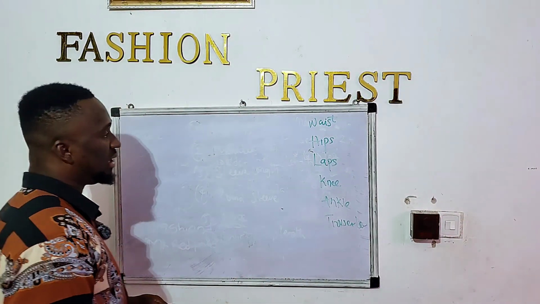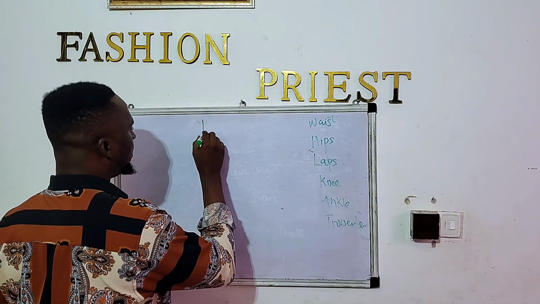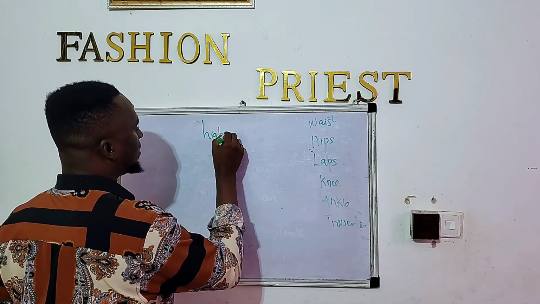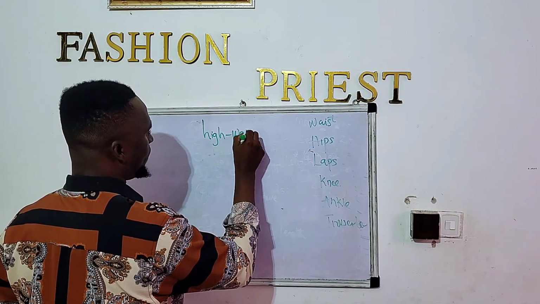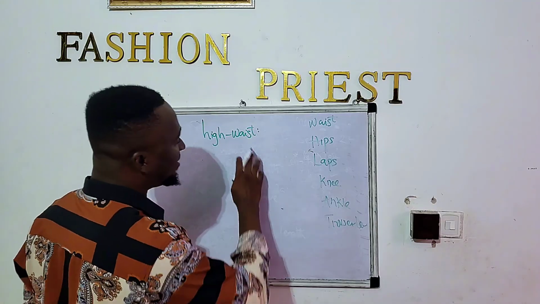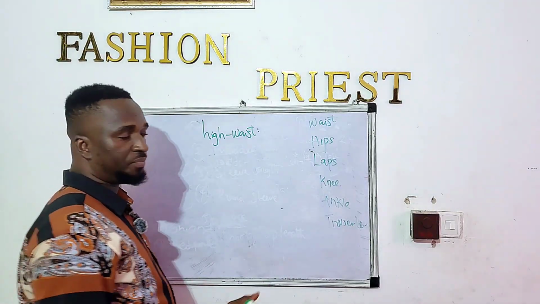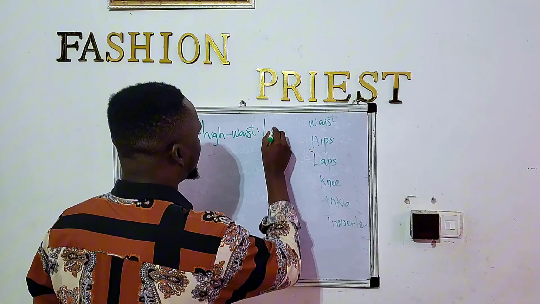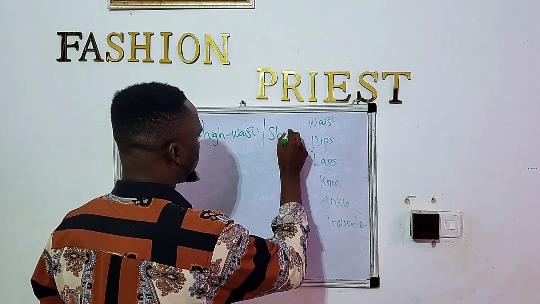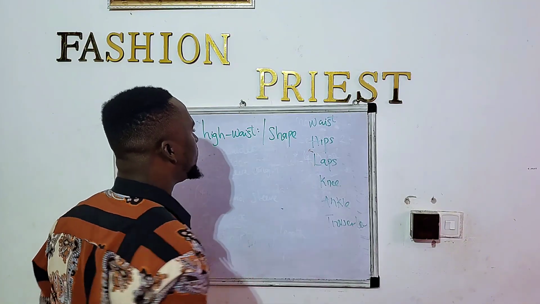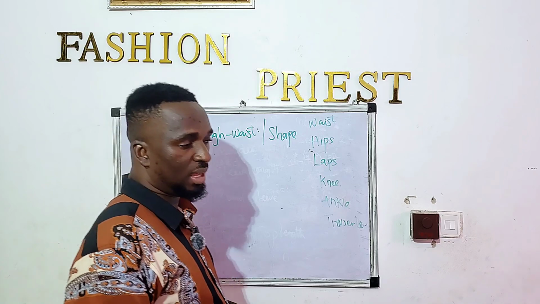Then if that's the case, you're going to measure what they call the high waist value. Now, this high waist value is often the same thing with the shape of the customer.